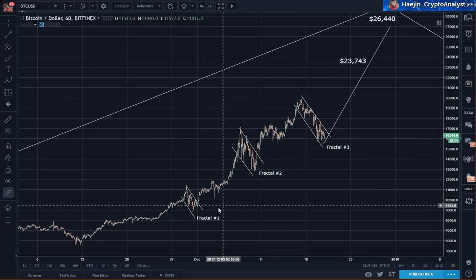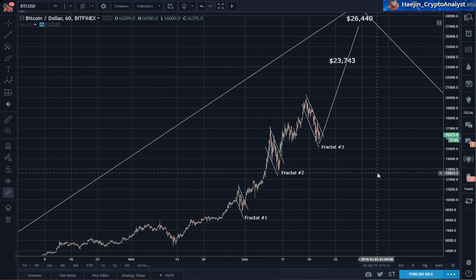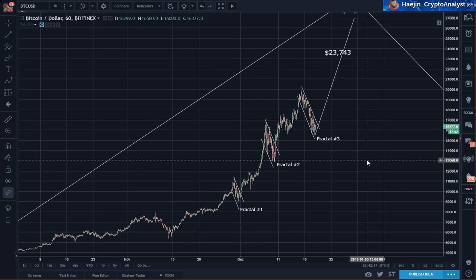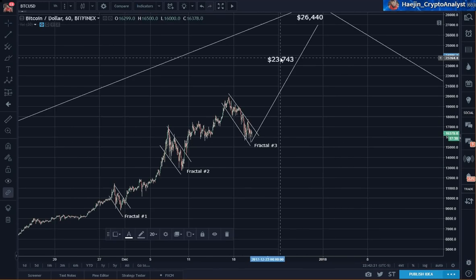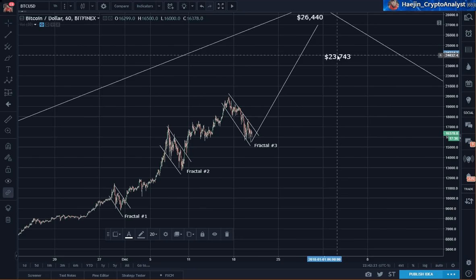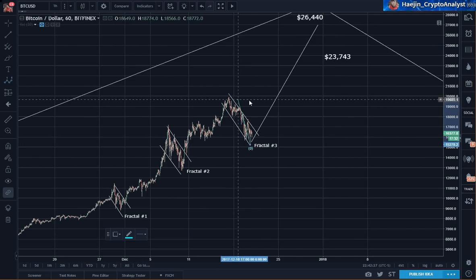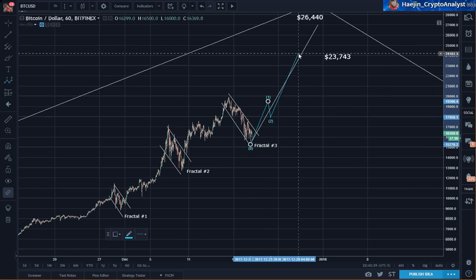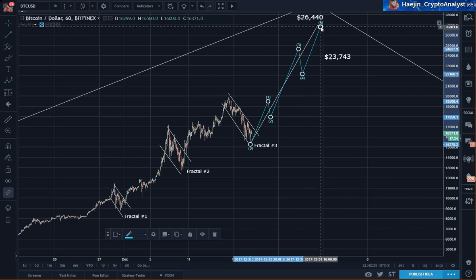And that means that if these are wave 4 or 2s, then when you do your count, they will usually end up being wave 2 or wave 4. But counting from here would provide 1, 2, 23,743 would be the 3 and then 5.